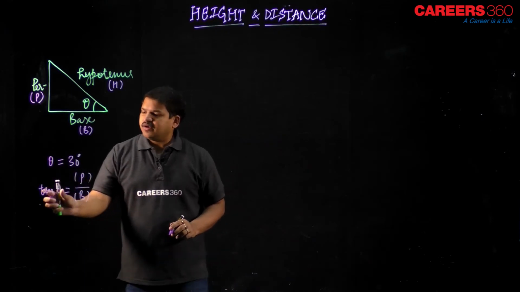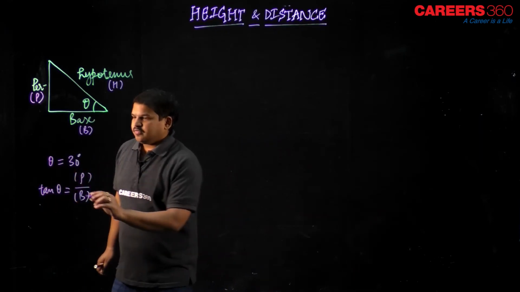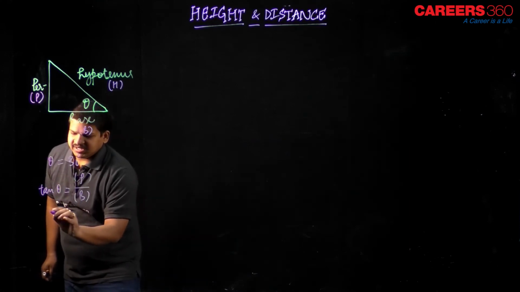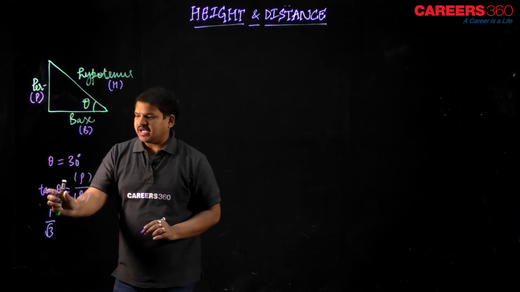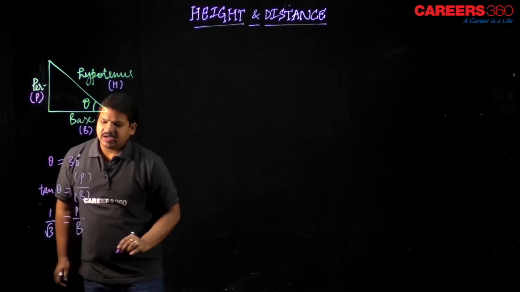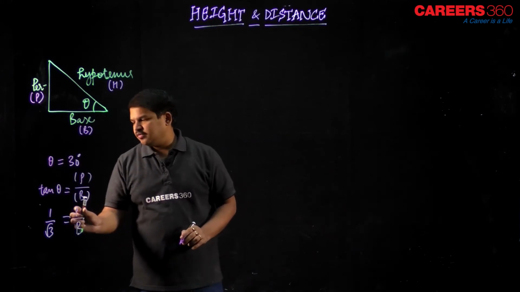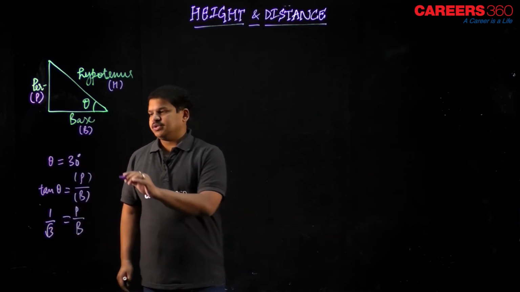And you know the value of tan 30, so you can relate perpendicular and base. Since theta is 30, tan 30 will be 1 upon root 3, that is, perpendicular and base will always be in the ratio 1 upon root 3. This is one important conclusion you have.